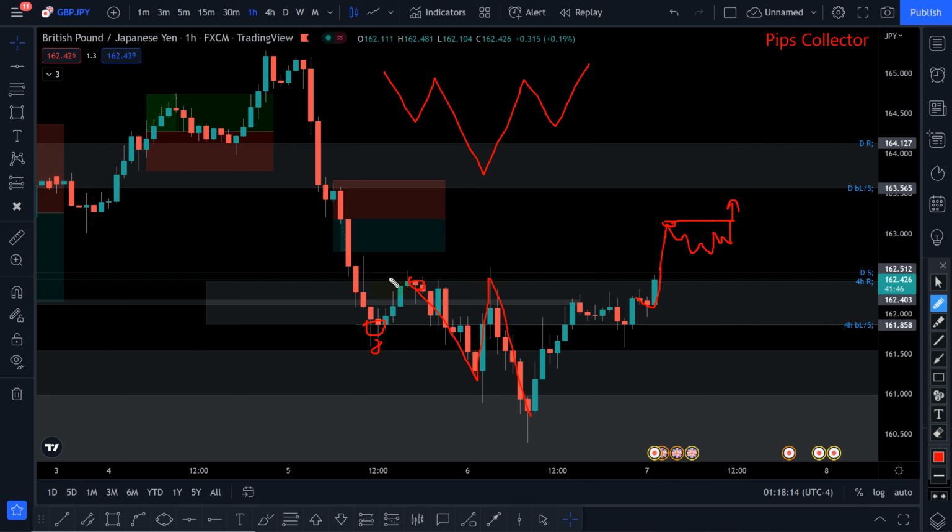Let's assume this is O, A, B, C, D. Ideally, the market is supposed to make a low, lower high, lower low, lower high, lower low, if it wants to continue its bearish momentum, or the bearish market structure.